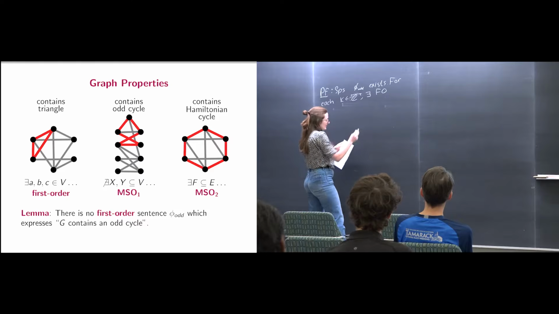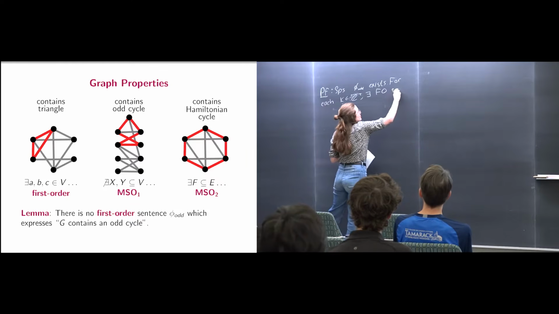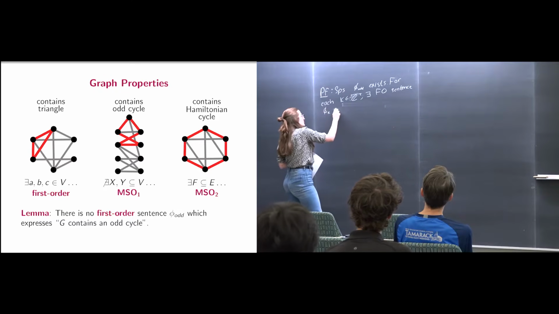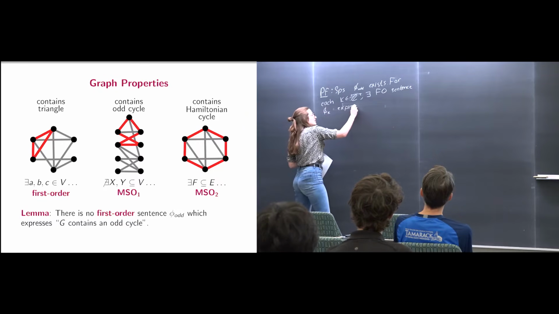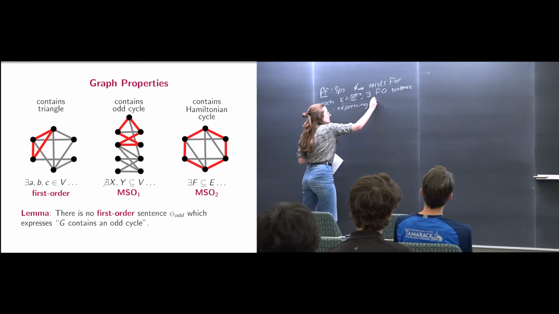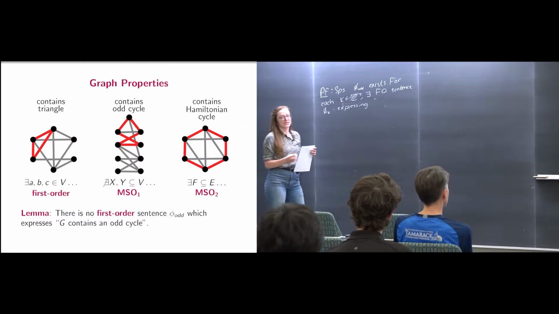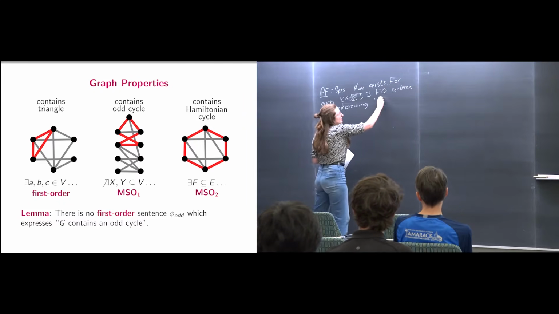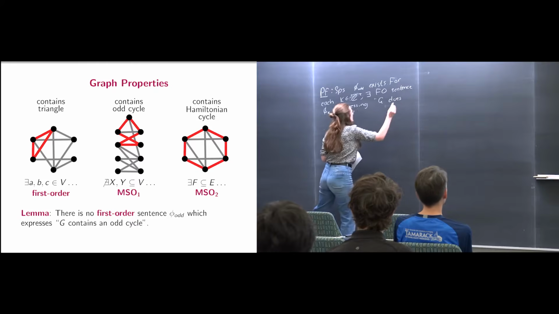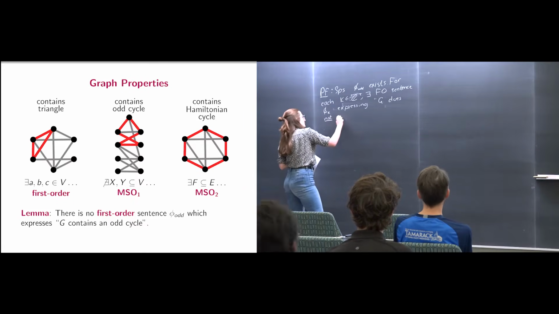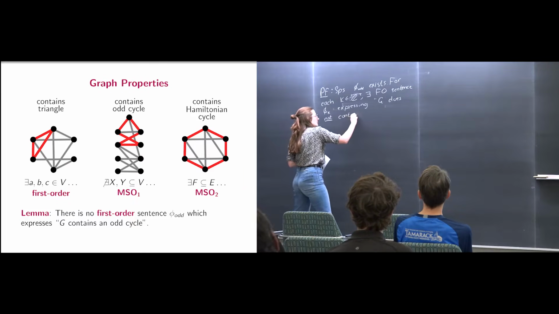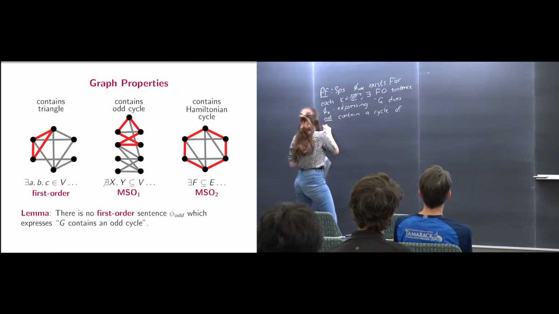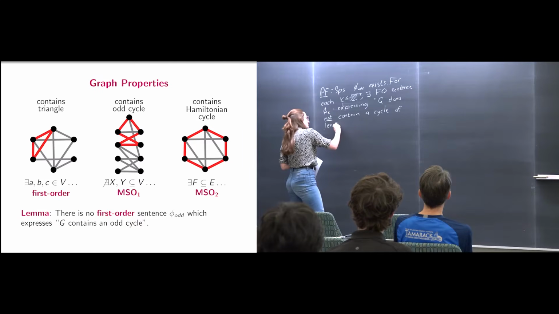So for each k, there does exist a first order sentence phi k expressing G does contain a cycle of length 2k plus 1. And I'm going to actually express G does not contain a cycle of length 2k plus 1.